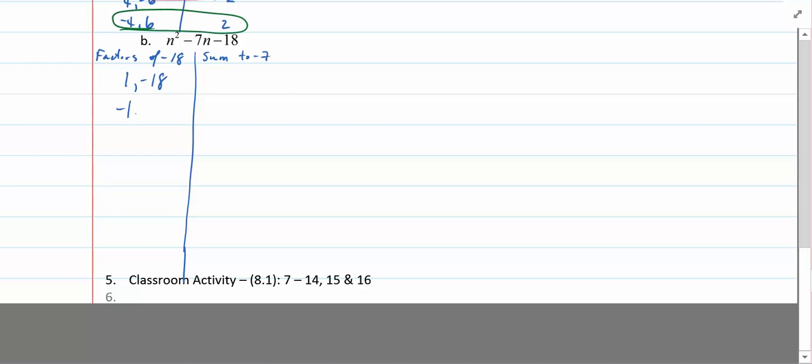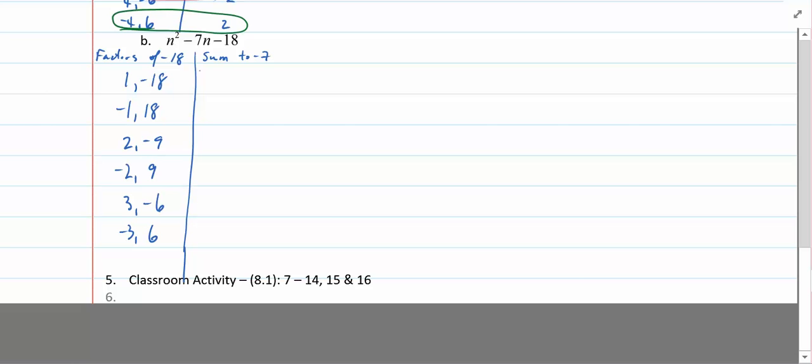Then we might have a negative 1 and a positive 18. We could use a positive 2 and a negative 9, or a negative 2 and a positive 9. Also, we might use a positive 3 and a negative 6, or a negative 3 and a positive 6.